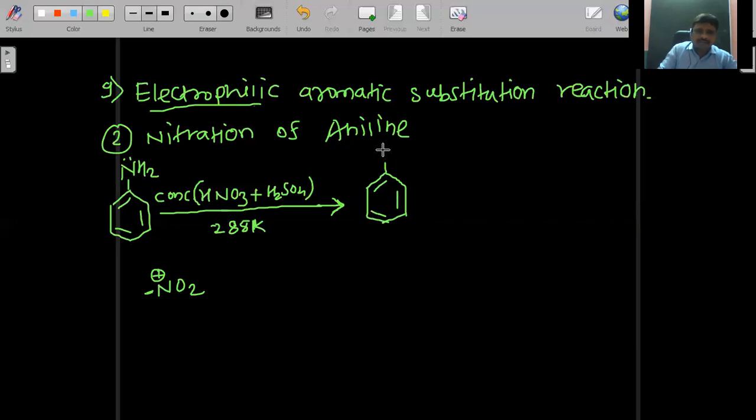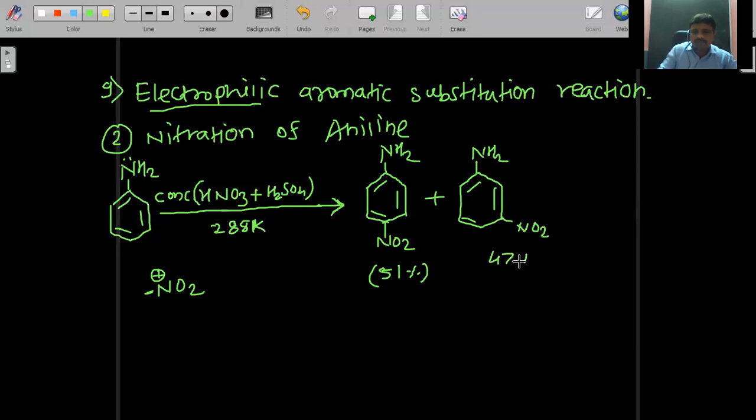This is aniline. In the first, NO2 group is attached to the para position. This is formed in 51%. In the second, NH2, NO2, this is 47%.